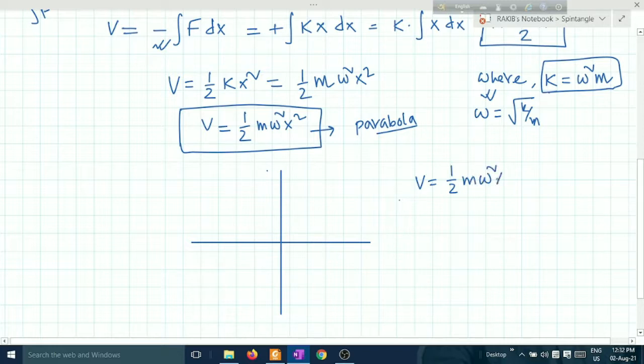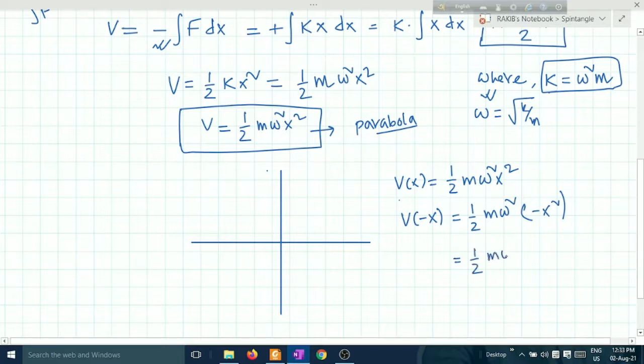Let me draw the graph. V is a function of x here because the other things are constant. V is equal to half m omega square x square. If we take V of minus x, then what will be here? Half m omega square times minus x, squared.